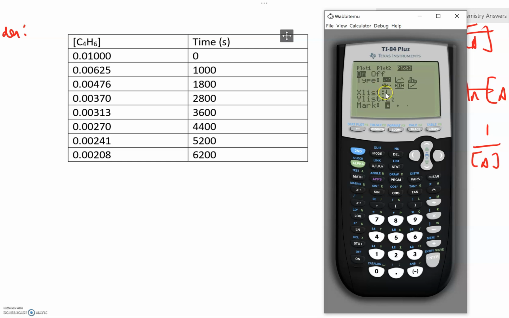We're going to instruct it to graph the time on the x-axis, and on the y-axis we want it to be L4. So I'm going to highlight L4, and we're on. Let's graph it. Zoom to the data. Zoom 9. That is a straight line.